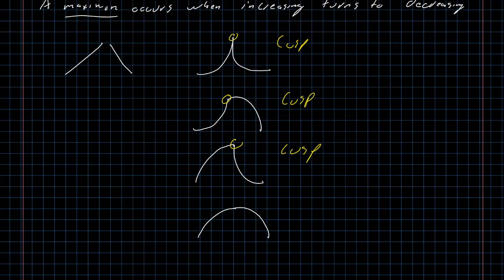In the first three of these pictures, that maximum is going to occur at a cusp. A cusp is a place where the derivatives are undefined. Or sometimes y prime itself is undefined.